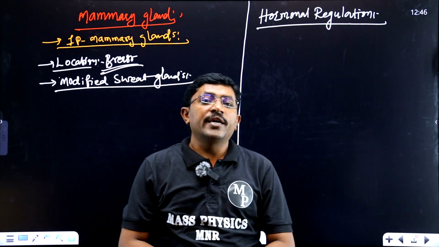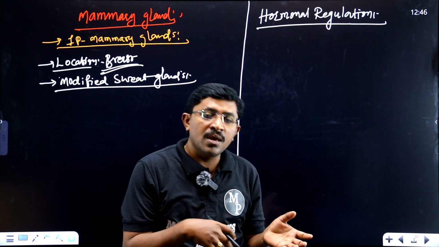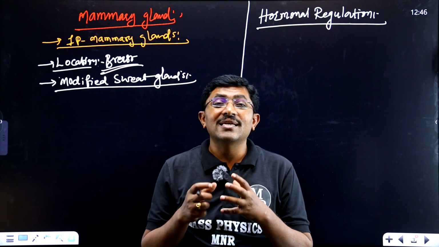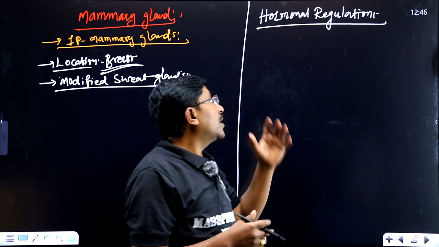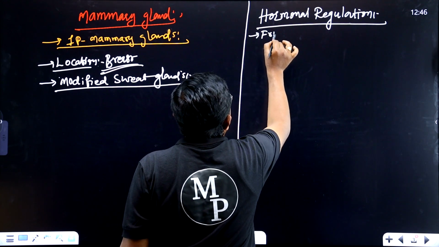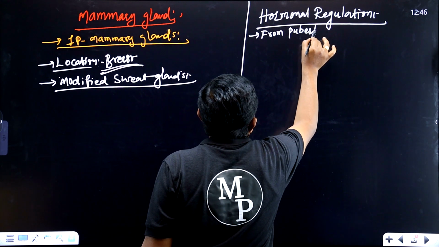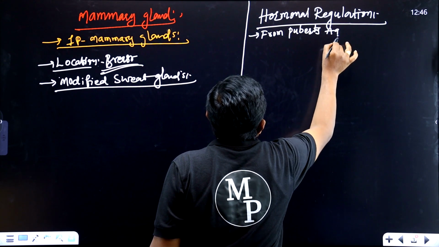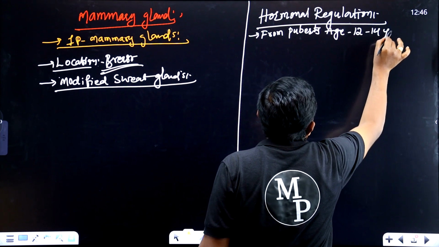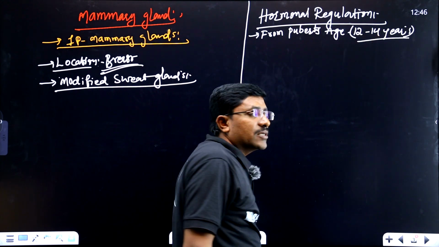And what is the puberty age in human beings, either in male or in female? It means 12 to 14 years of age.